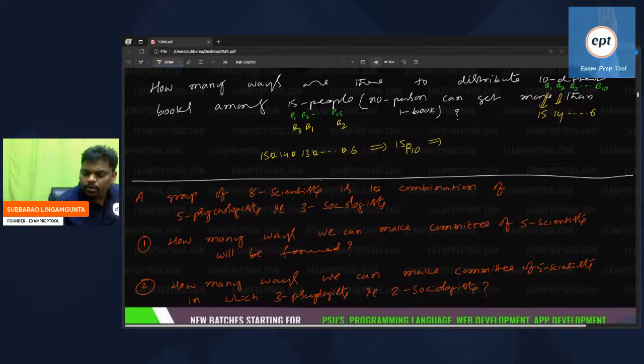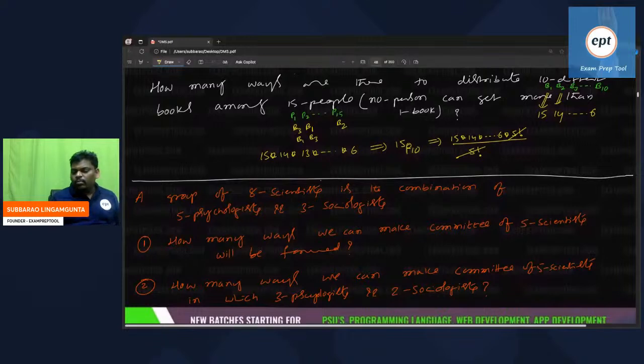Why is order important? It is B1, it is B3. Order is important. So 15P10 is nothing but 15 into 14 and so on, that is 15 factorial by (15 minus 10) factorial, which is 5 factorial. Both are cancelled, so same answer.